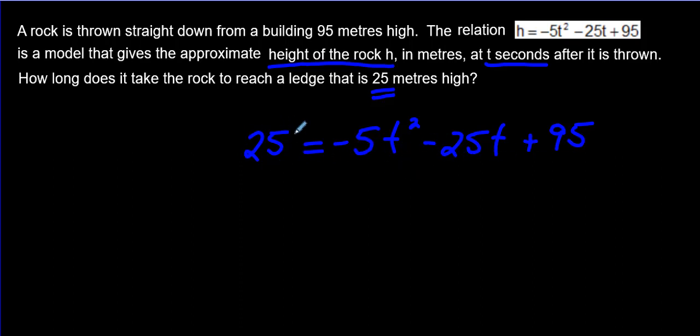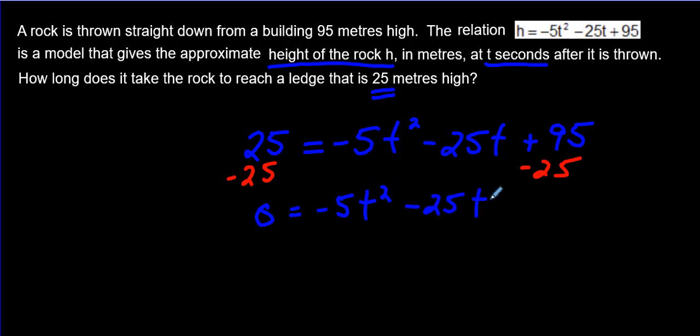We have a 25 over here. We have to get rid of it, okay? What we're going to do is we're going to subtract 25 from this side. And remember in math, you have to do the same thing to the other side. I'm going to look for a place where there's a like term, and that's right there. 95 and 25, they can play nicely with each other. So we end up with 0 over here equals negative 5t squared minus 25t.